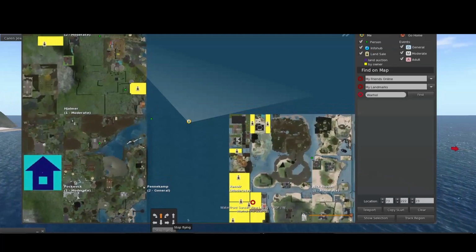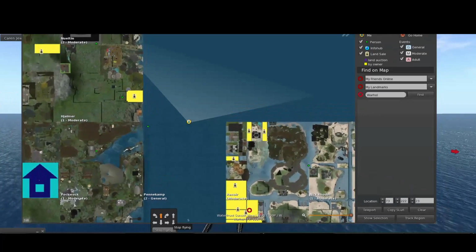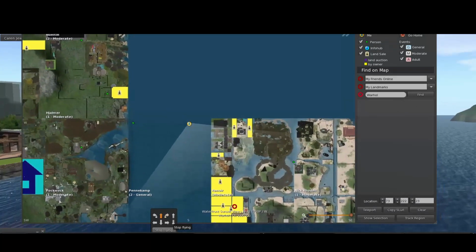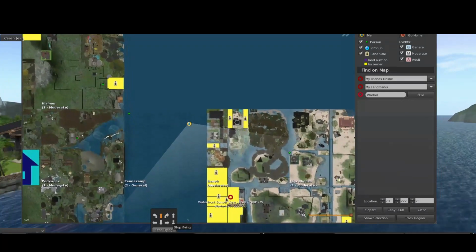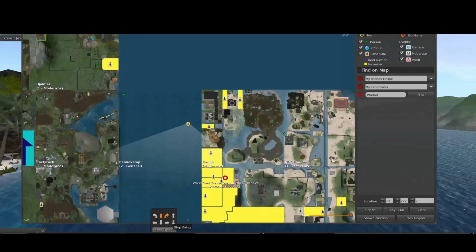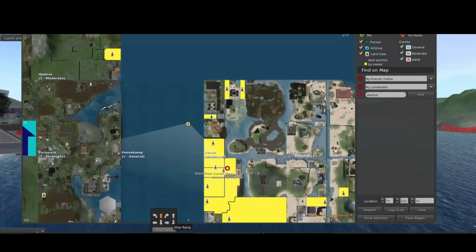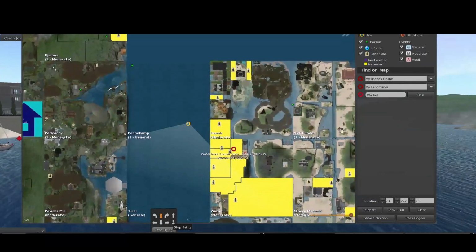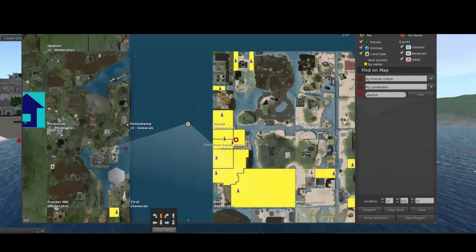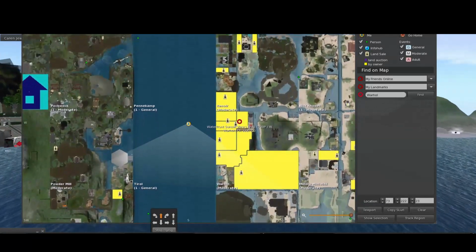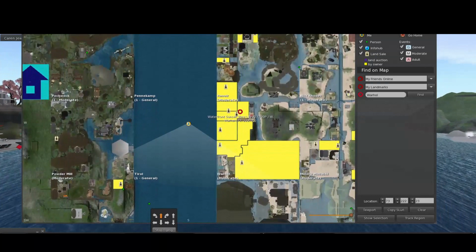All of this textured water is sailable, swimmable. This is quite remarkable. Oh, hey, there's somebody else there. People in the water.